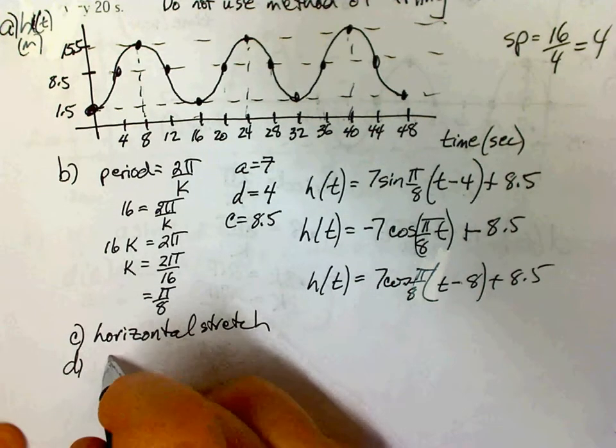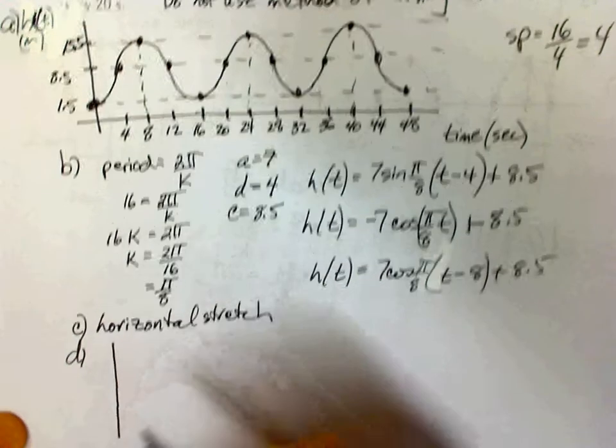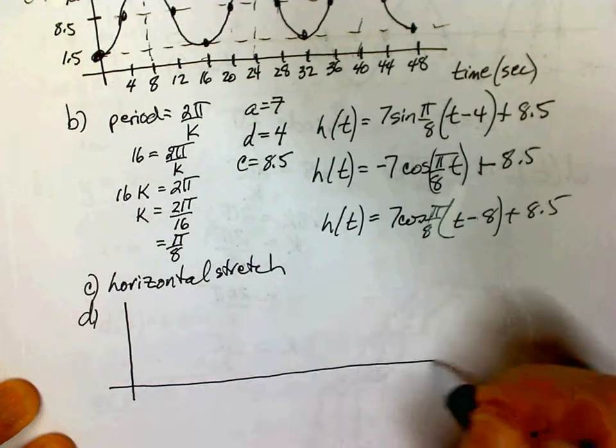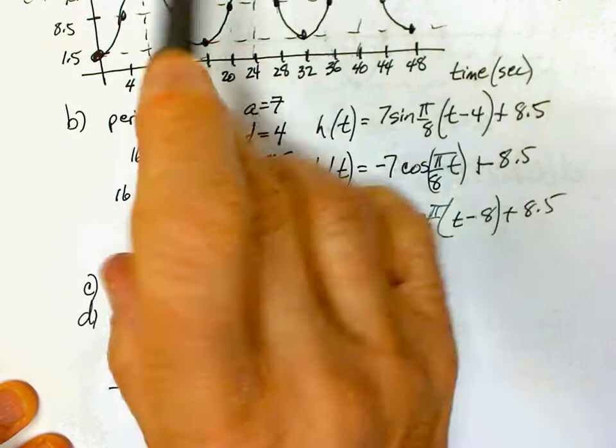So if the period is 20 seconds, 20 divided by 4 is 5.